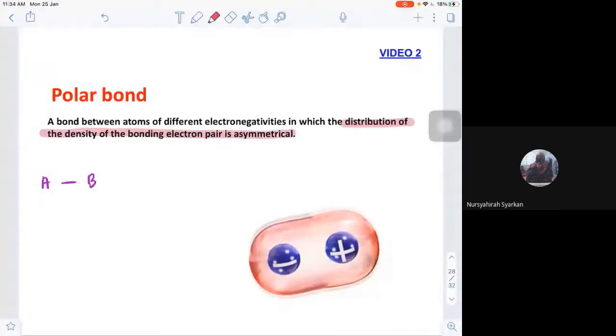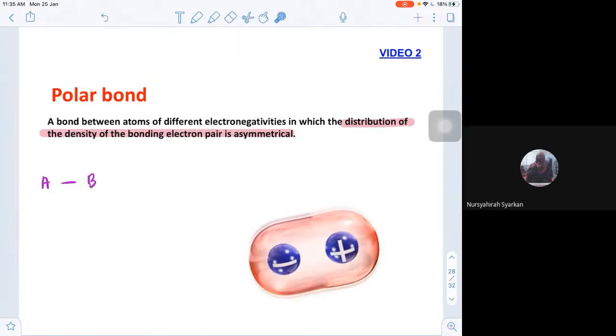When their electronegativity are different, the electron density between these two atoms will become asymmetrical, not symmetrical, not balanced.